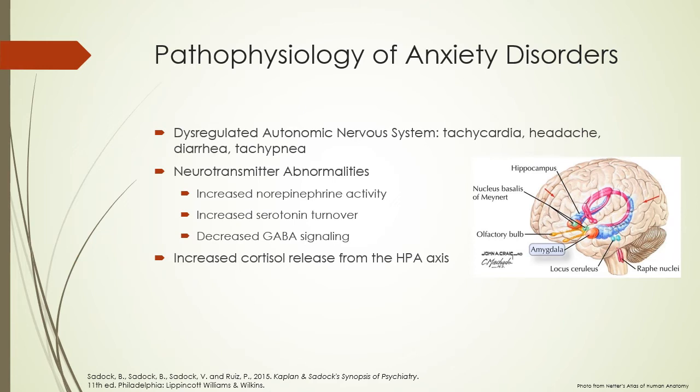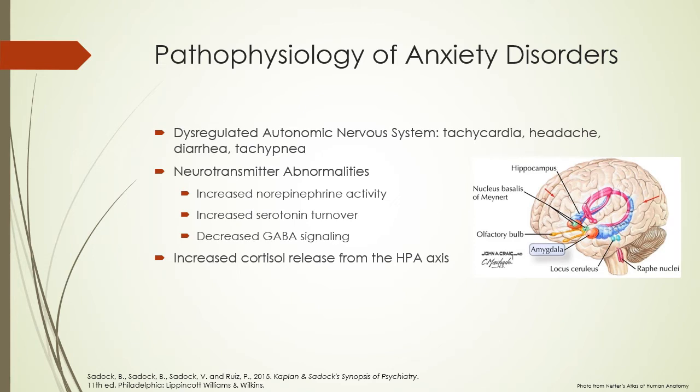Lastly, patients with anxiety have decreased GABA signaling. GABA, gamma aminobutyric acid, is a primary inhibitory neurotransmitter in the central nervous system, and it is made from glutamate.